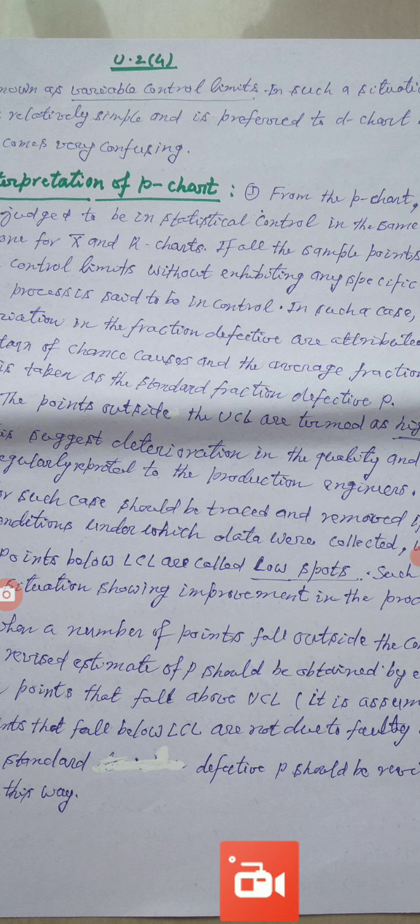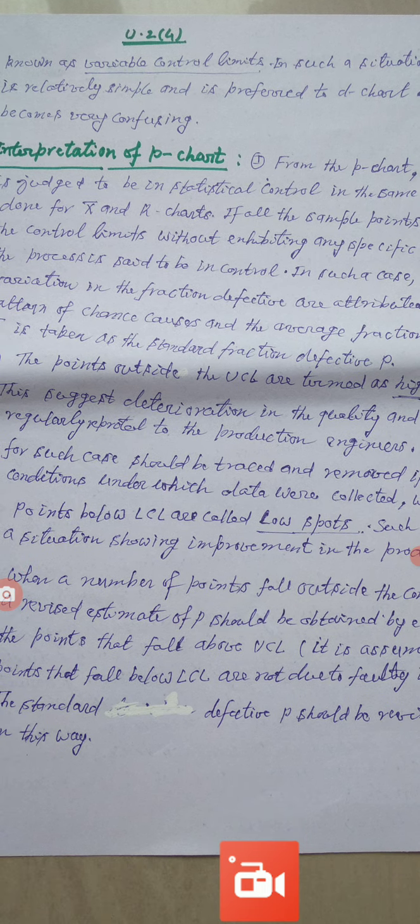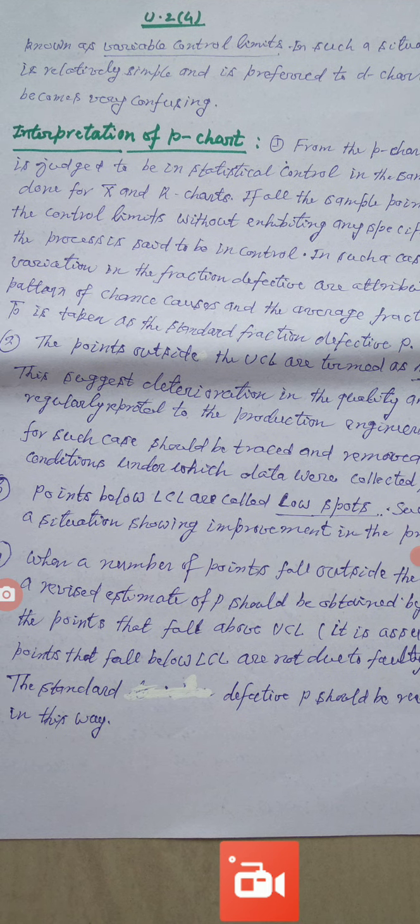And fourth point, when a number of points fall outside the control limits, then a revised estimate of P should be obtained by eliminating all the points that fall above UCL.